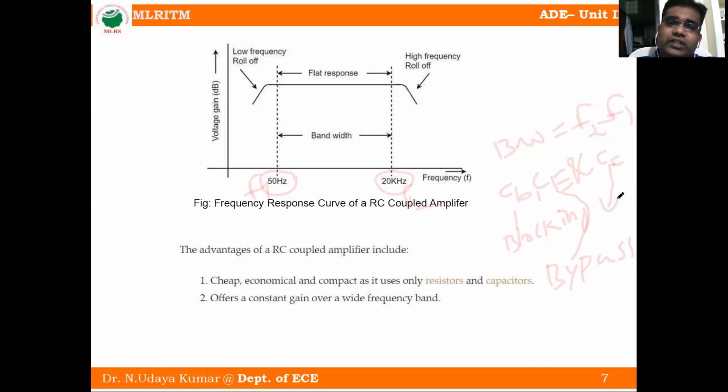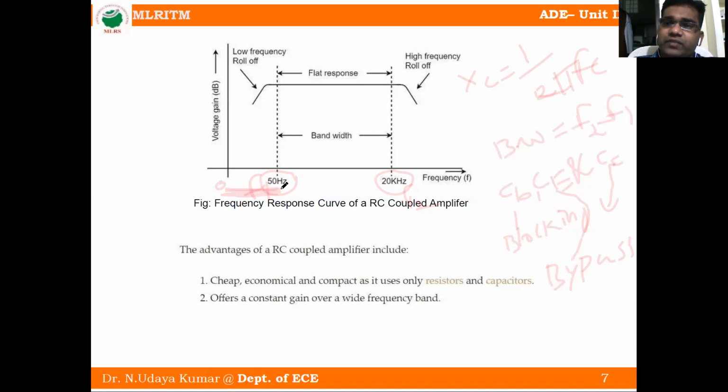We know that the capacitive reactance is Xc equal to 1 by 2 pi Fc. The range from 0 to 50 Hz we call the low frequency range. Why is this curve rolled off at low frequency, why is gain very less?